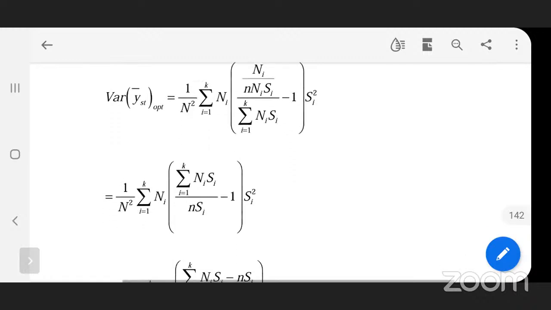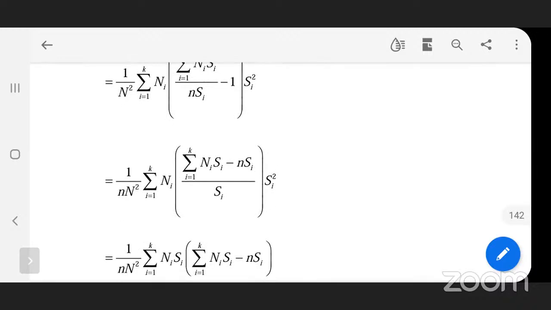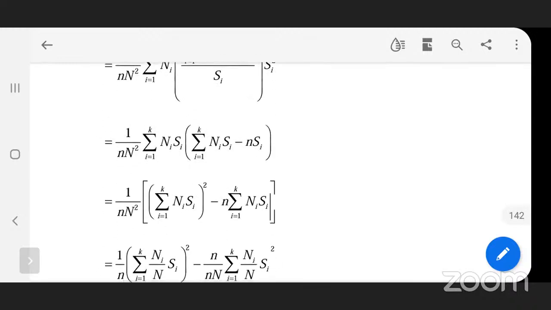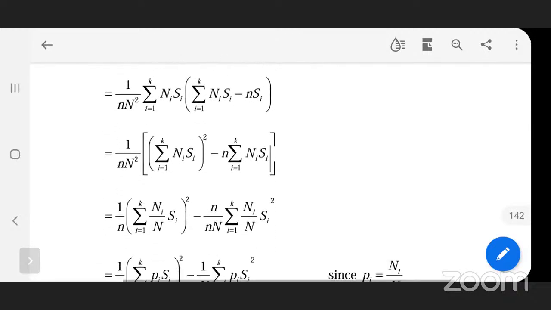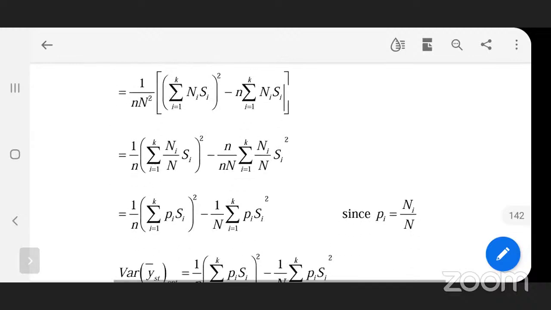So here, going for the simplification, it is 1/N² Σ(i=1 to k) ... Proceeding with the simplification, we get 1/(nN²) [(Σ Ni Si)² − n Σ Ni Si²].